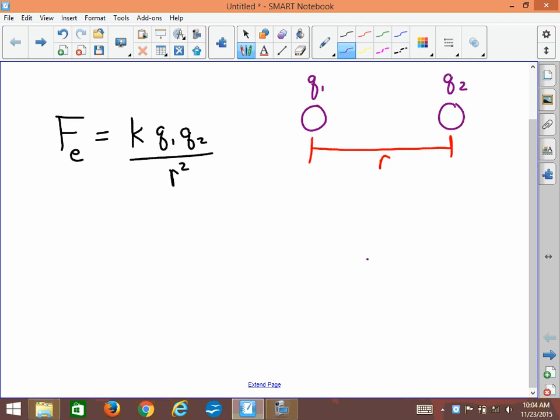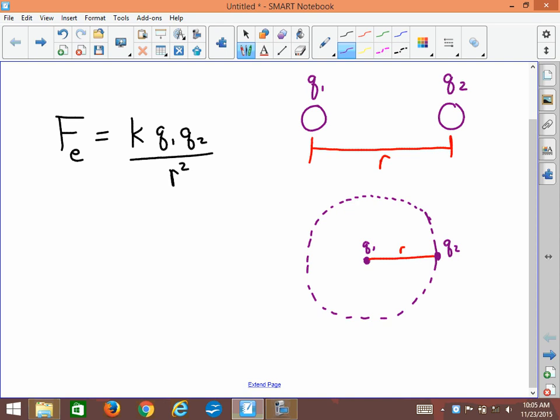If you put a charge here, let's call this Q1, well then Q2 could be anywhere a distance of R away, which basically means that it could be anywhere on this circle with radius R. So if we were to put Q2 over here, then it would experience a force, and the direction of that force would be along this line.